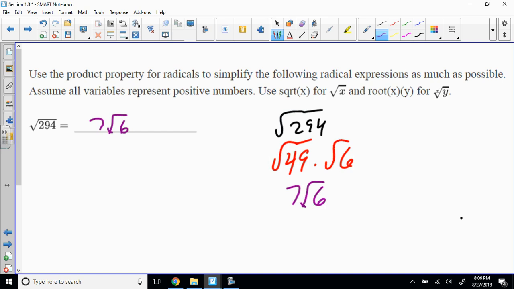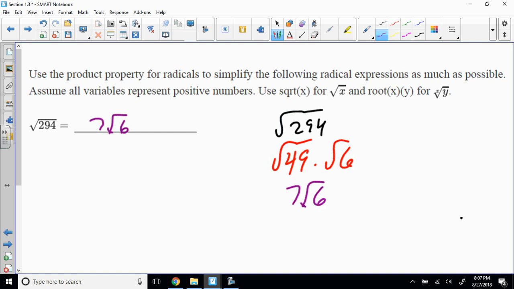When you're dealing with radicals, before you say this is my final answer, you must always make sure that your radical has been simplified. What if you go all the way up to 15? Well, I go all the way up to a certain number. What's half of 294? That's basically 150, right?